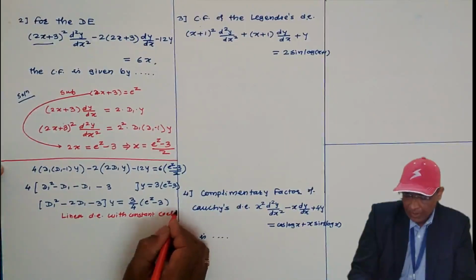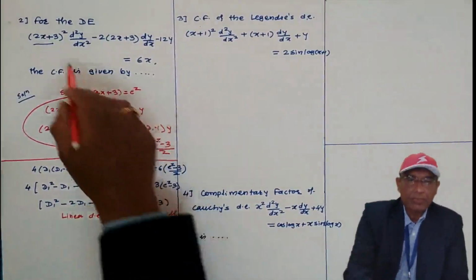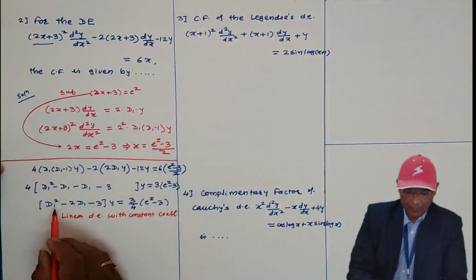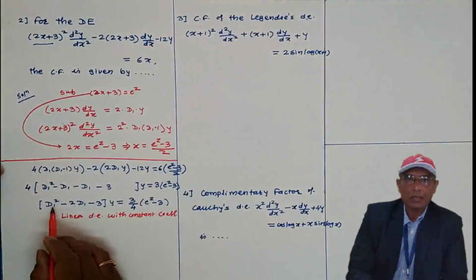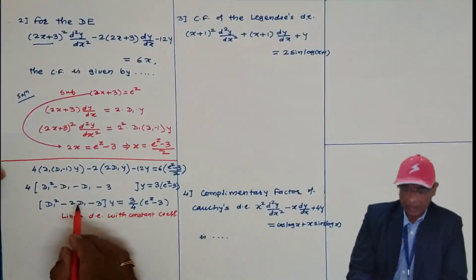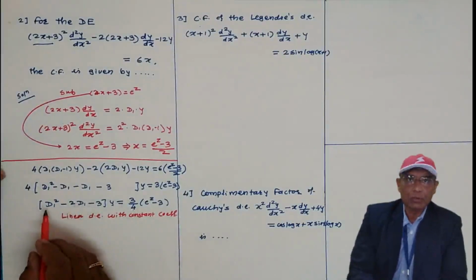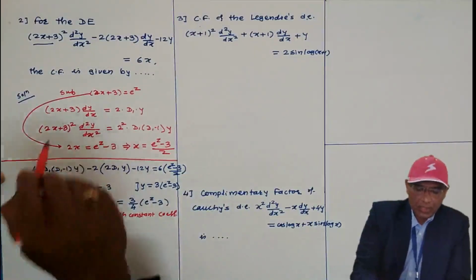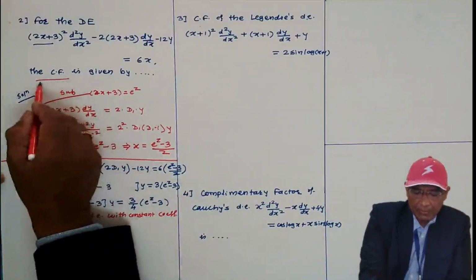This may be asked in the examination. This differential equation is transformed into this differential equation. D1 square is d2y by dz square, D1 is dy by dz, and D1 is the derivative with respect to z. But here the question is, we have to find the complementary function.